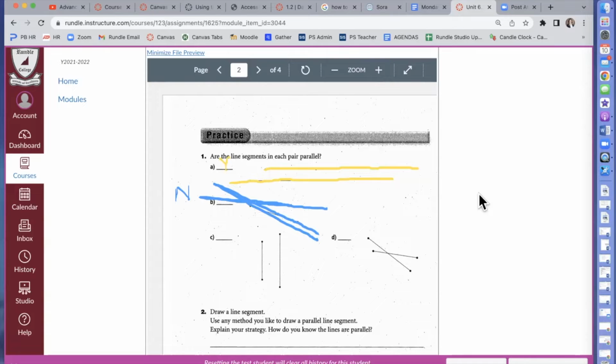Again, they are equidistant apart. If I were to extend these, they would not ever touch each other. They're parallel. And then D, they're already intersecting, so for D, we're going to say no, they are not parallel. They can come in horizontal form or they can come in vertical form. It does not matter, just as long as they never touch each other.